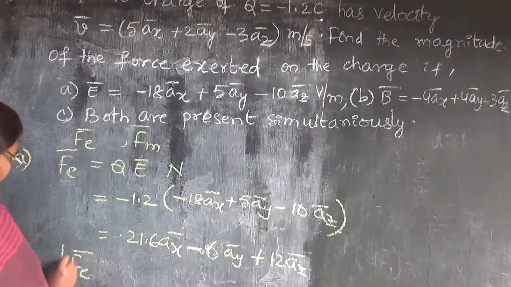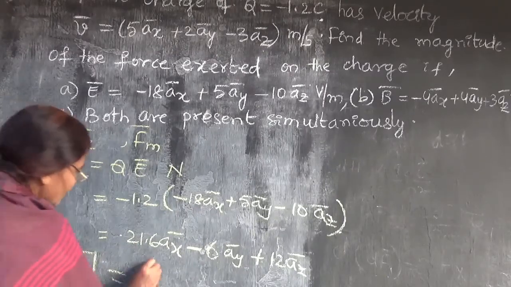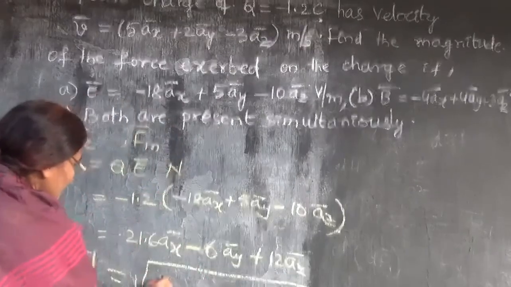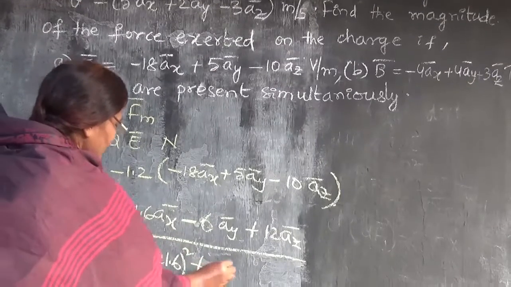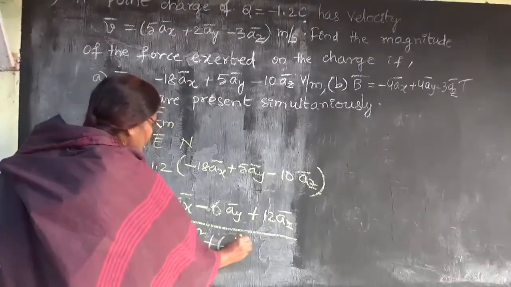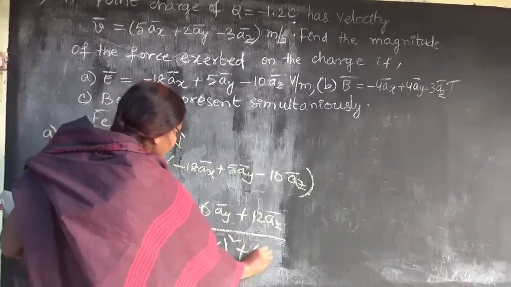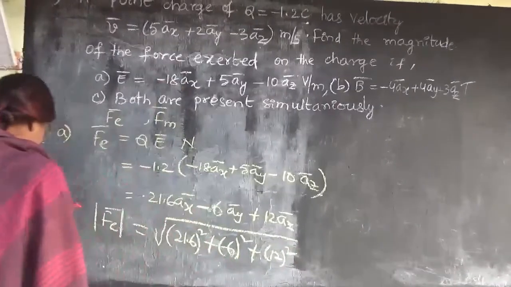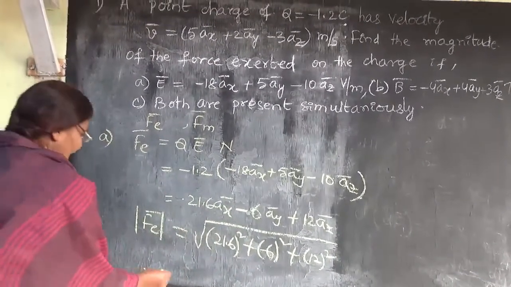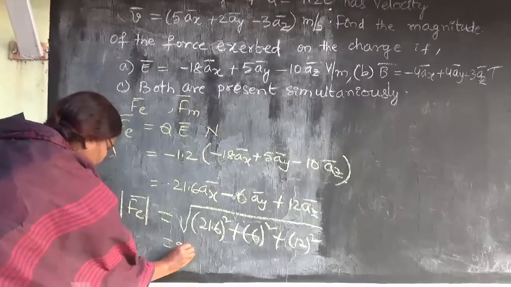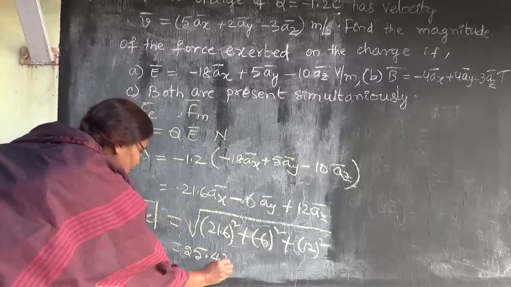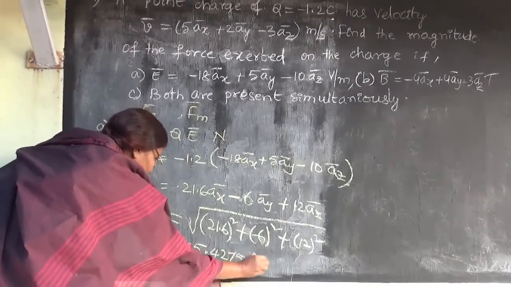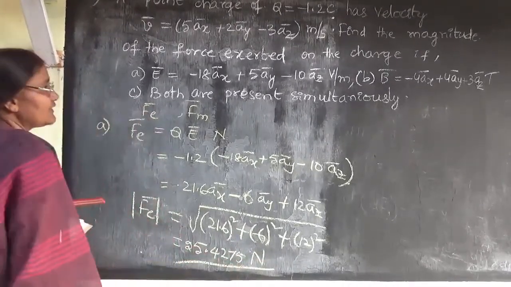Fe bar magnitude is going to be root of 21.6 whole square plus minus 6 whole square plus 12 whole square. This is my magnitude, and this is going to be 25.4275 newtons. Please check it. This is the textbook answer.